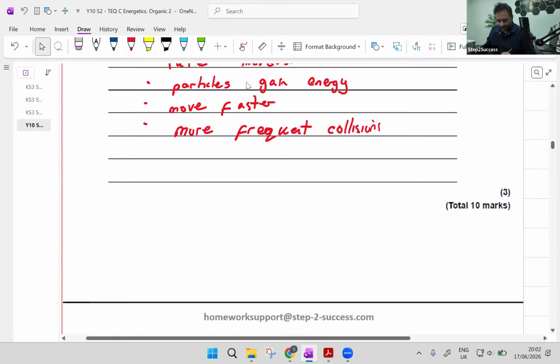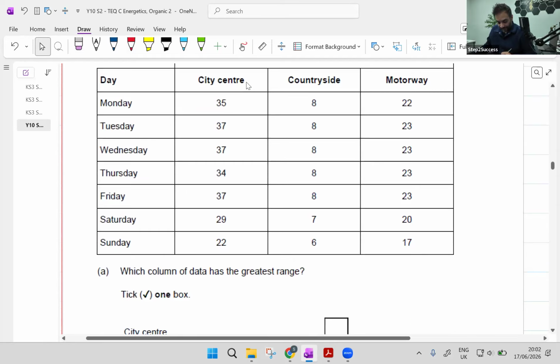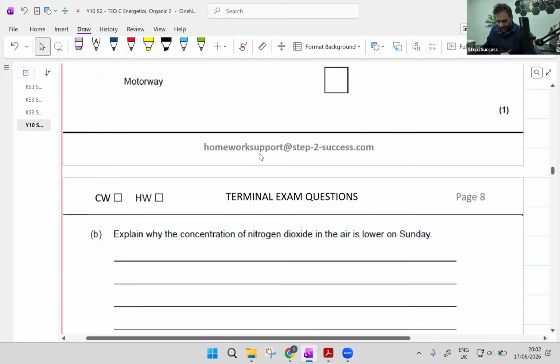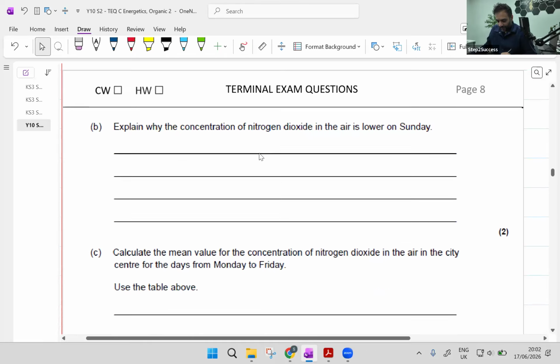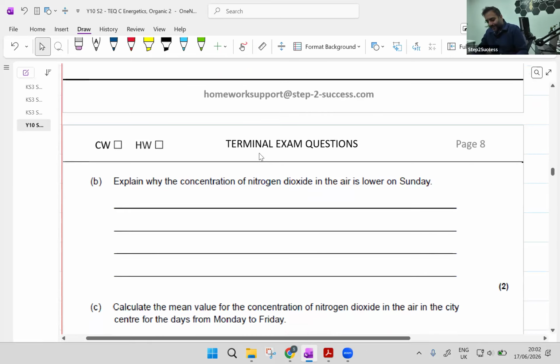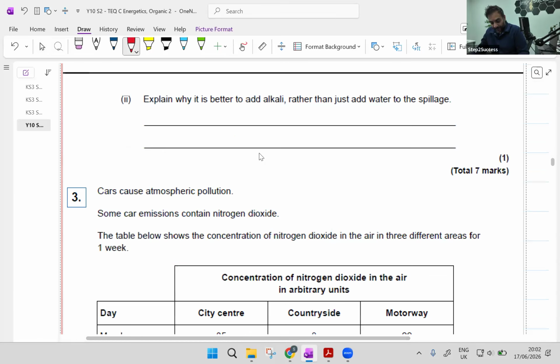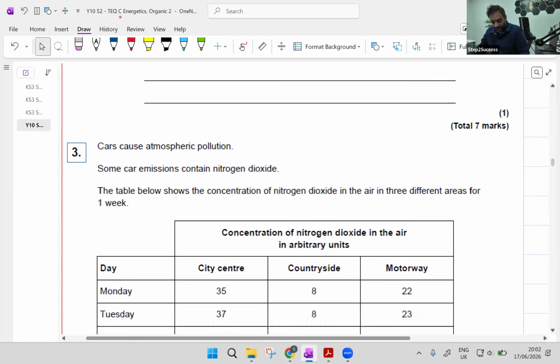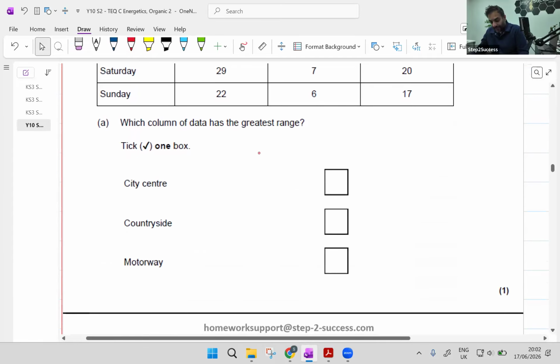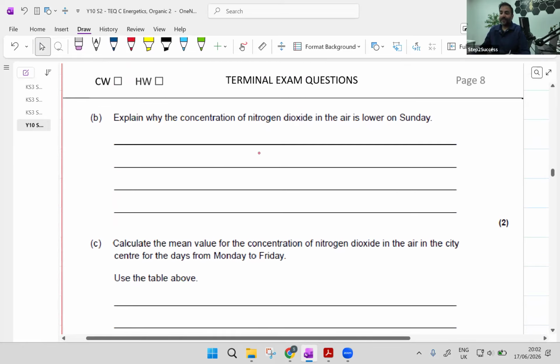4A and 3B, I shall do that. 3B. I did this earlier because it was in the other one. Explain why the nitrogen dioxide in the air is lower on a Sunday. So look, they tell you in the question that nitrogen dioxide is emitted from cars. What do you know about cars on the roads on a Sunday? You should know that generally on Sundays there are fewer cars on the road.